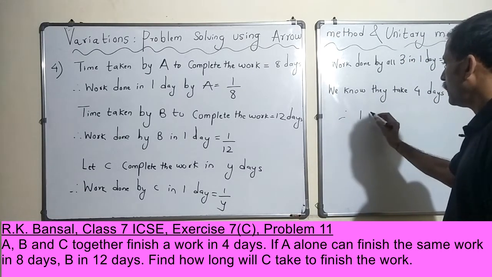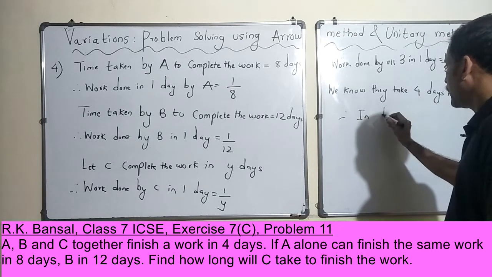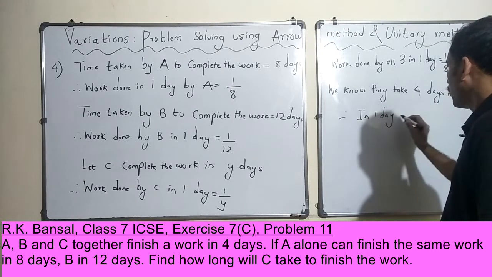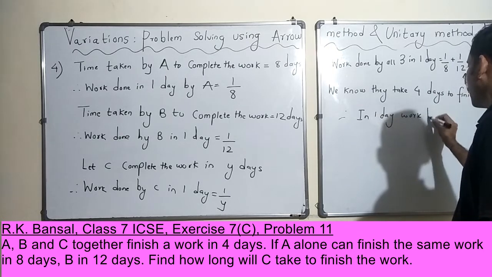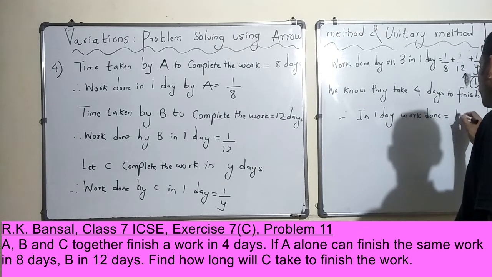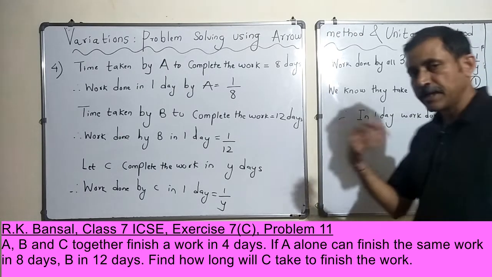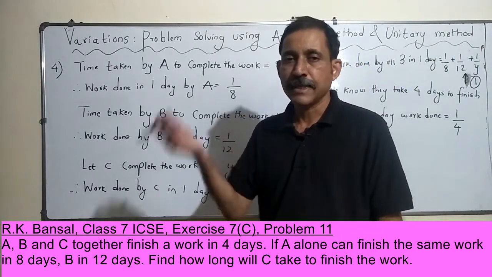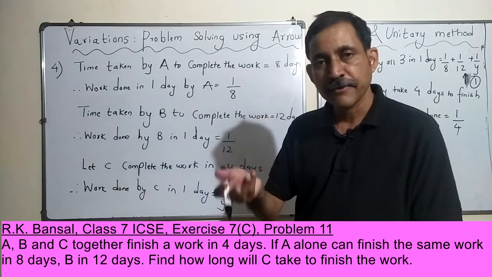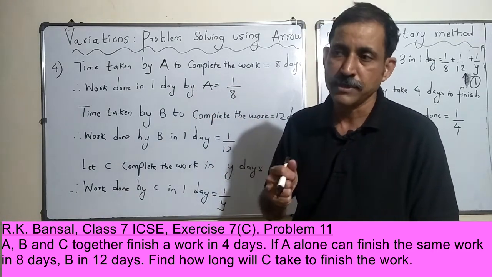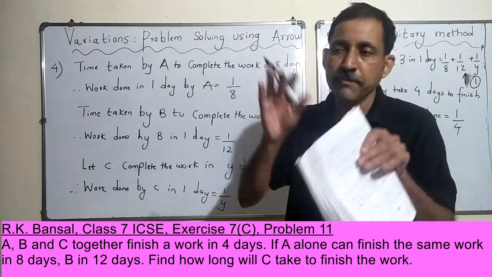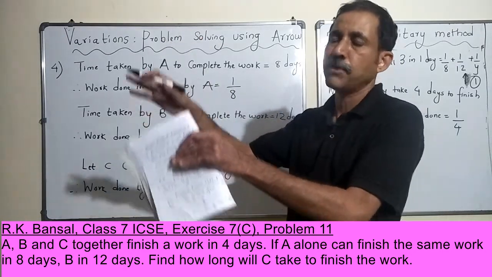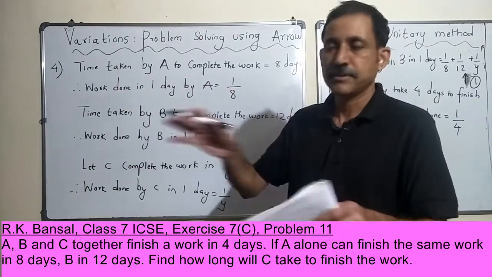Therefore, in one day, work done by them is 1 by 4. Correct? No? If 4 days they take to finish the work, so on the first day 1/4 is done, second day another 1/4 is done, third day another 1/4, fourth day another 1/4. Together 1 by 4 plus 1 by 4 plus 1 by 4 plus 1 by 4, 4 by 4 is 1.